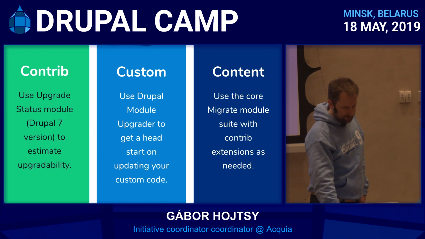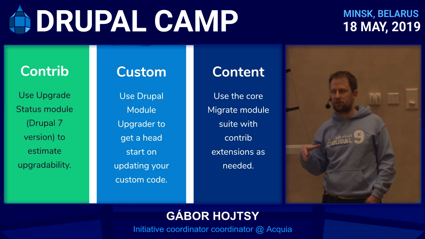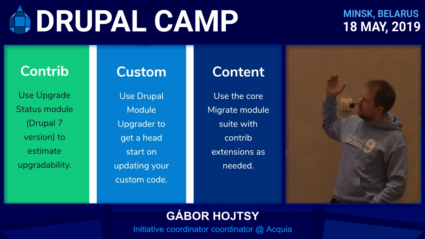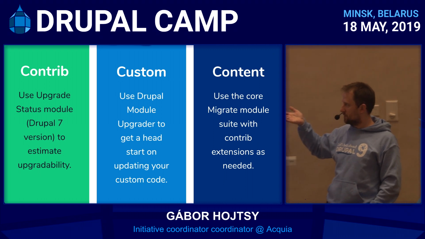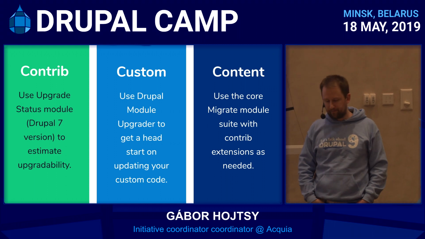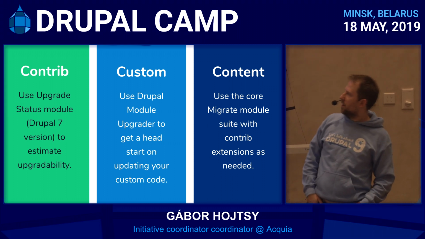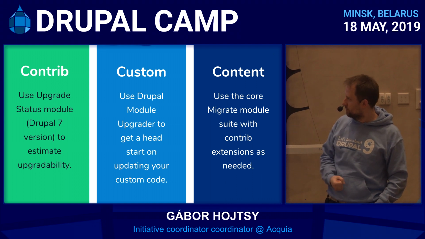So that's Drupal 7. If you are on Drupal 7, there are 3 categories of tools that you can start looking at to migrate. For all the contributed modules on your site, the Drupal 7 version of the upgrade status module can be used to estimate the availability of different contributed modules, which ones need to be moved to other modules and which are available.